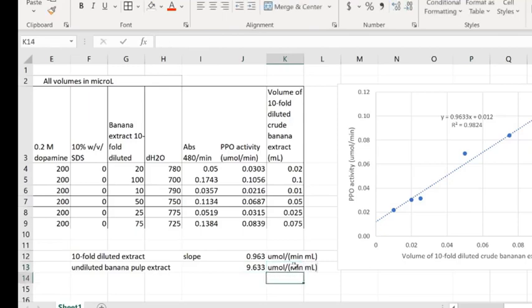So 9.63 micromole dopamine per 1 minute are converted into dopachrome with the help of the enzyme polyphenol oxidase that is present in the undiluted banana pulp extract.